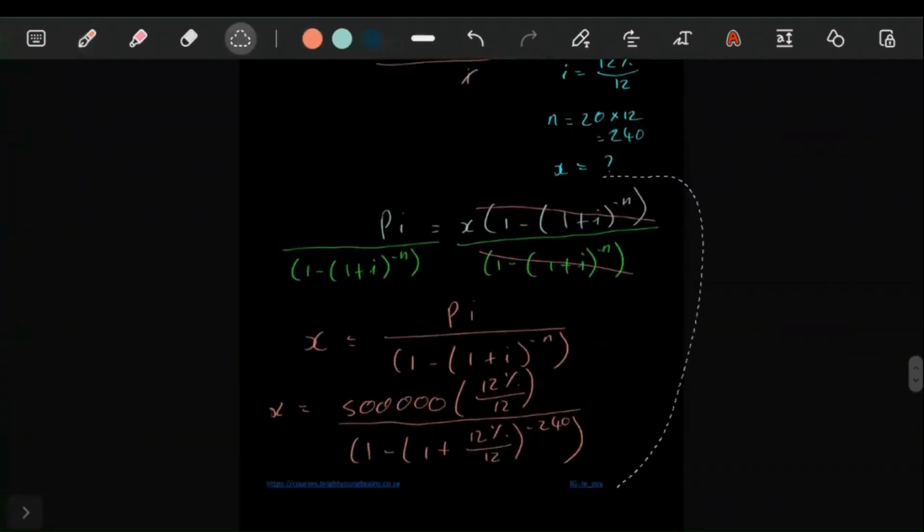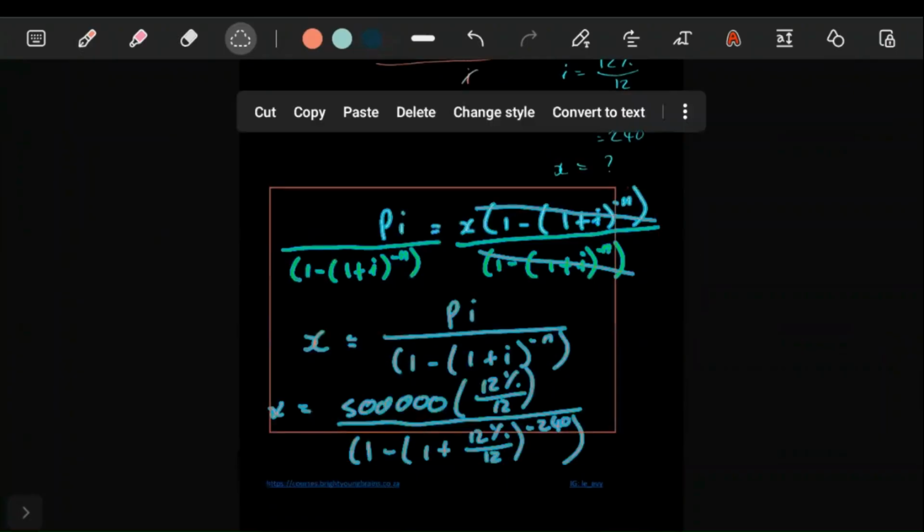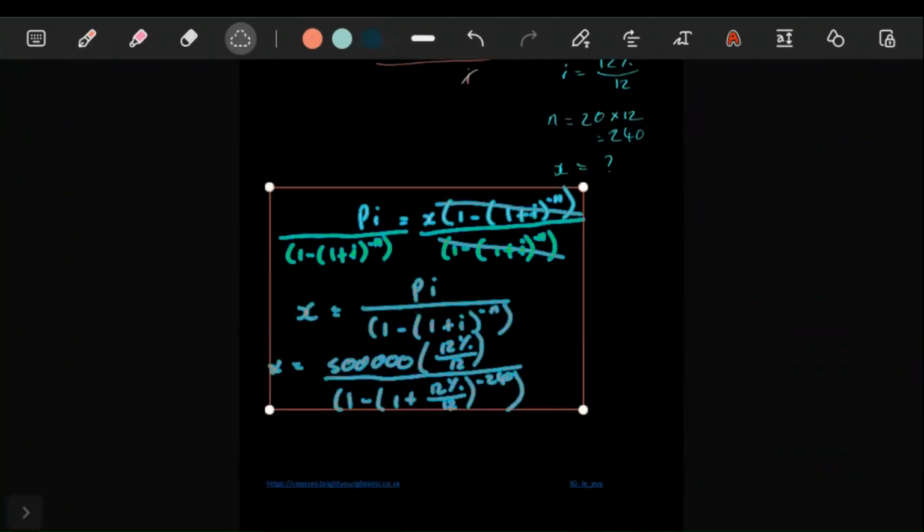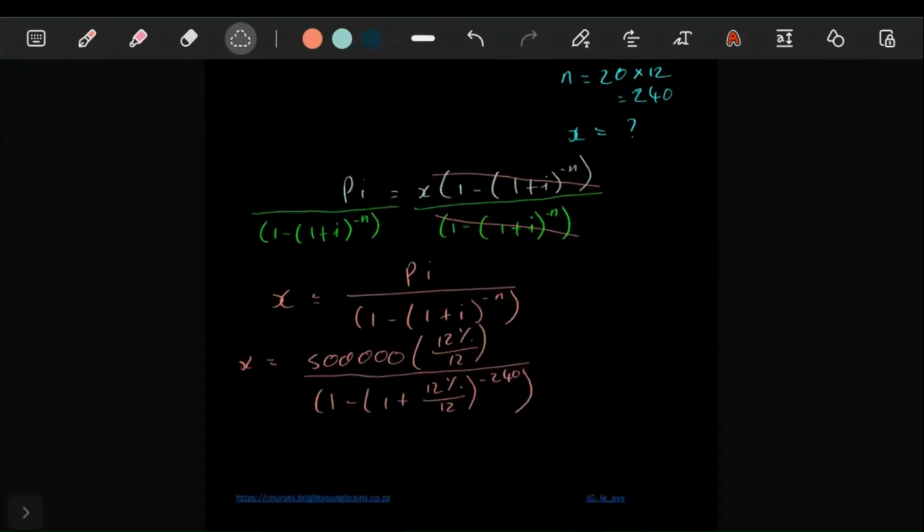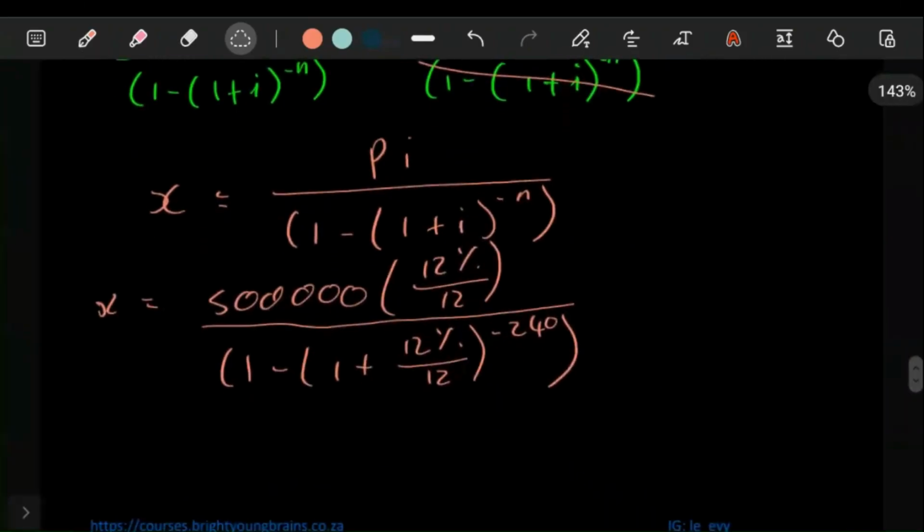So let's just sanitize it. Come on, my guy. Let's just make it smaller. So putting this in the calculator, let's see what the calculator gives us.